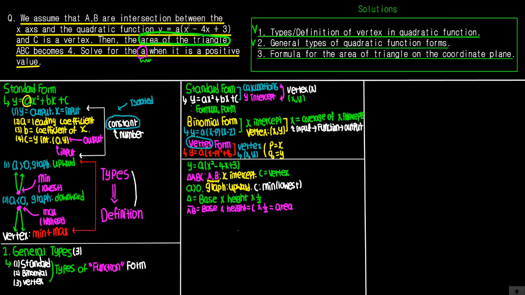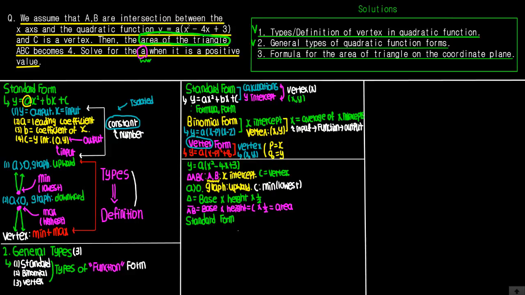Firstly, let's think about how to solve for the base, which is A and B. Let's think about A first. From here, we know that this is standard form.